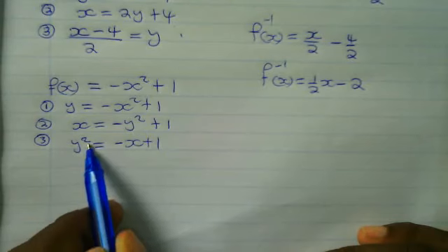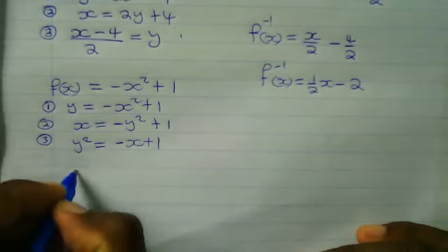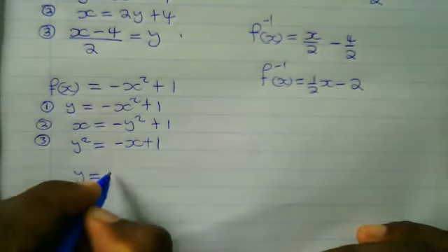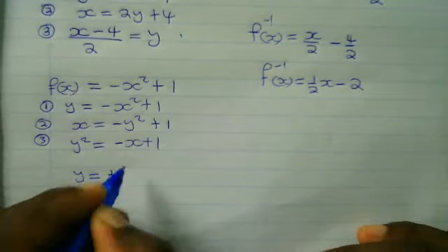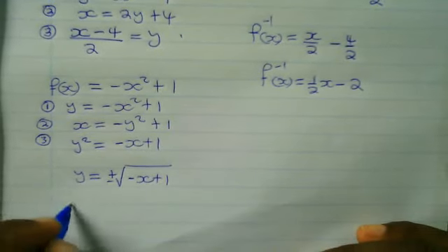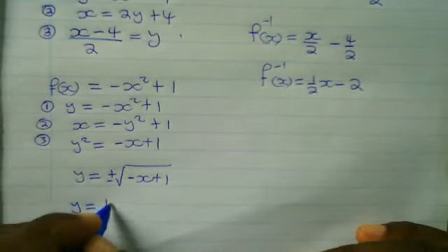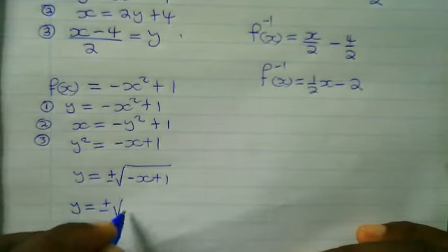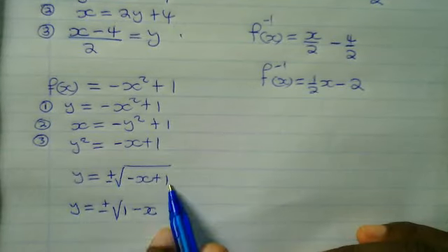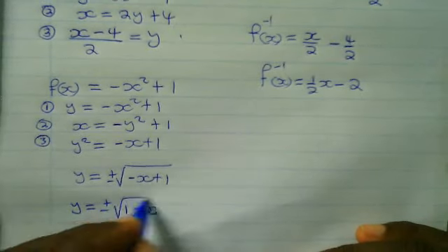To get rid of this squared, we put square root. So y is equal to, when you put square root, don't forget to put plus or minus. So this is minus x plus 1, which we can write as y is equal to plus or minus the square root of 1 minus x. I've just started with a 1, so it's 1 minus x.